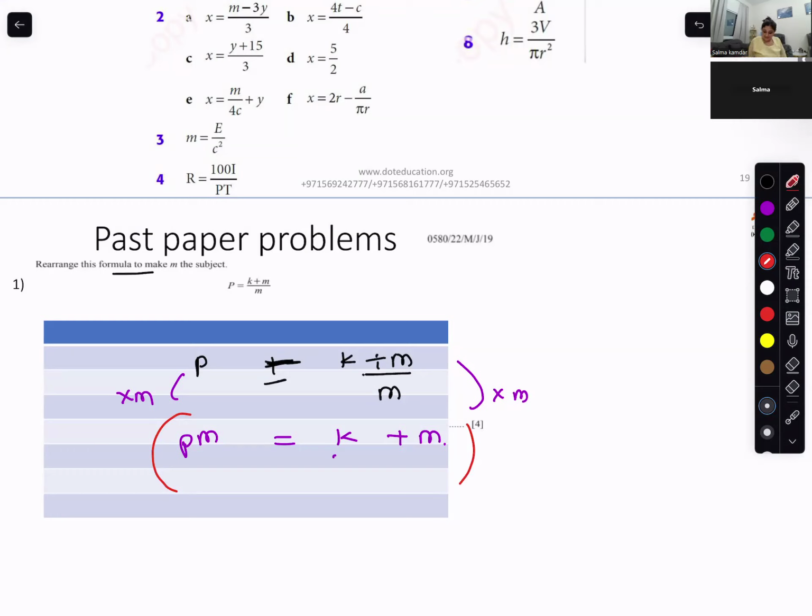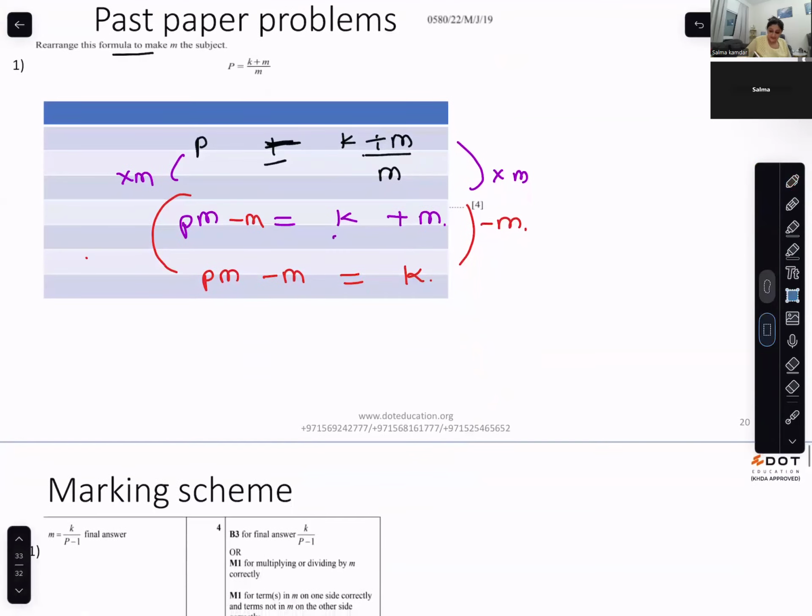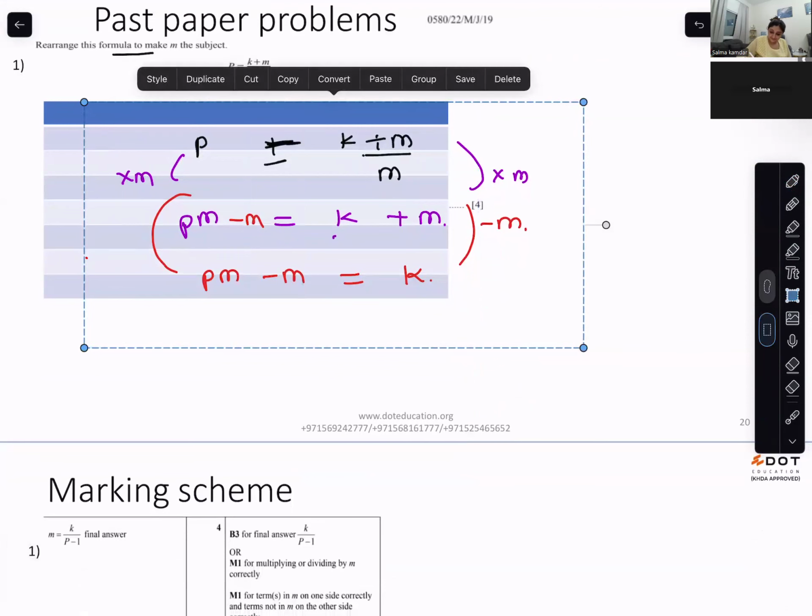Yes, you can minus the M. So I will minus M and I will minus M. So I'm left with Pm minus M is equal to K. But now I need only M to be there. Oh, this is very confusing. Let's do it again.